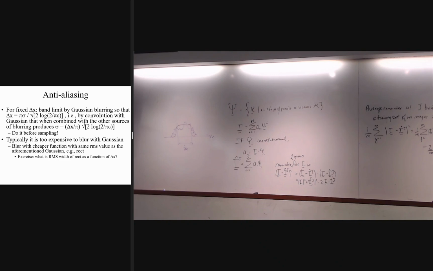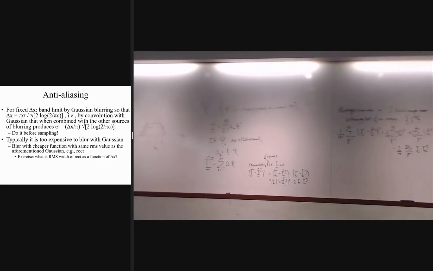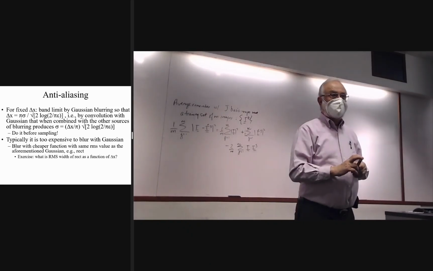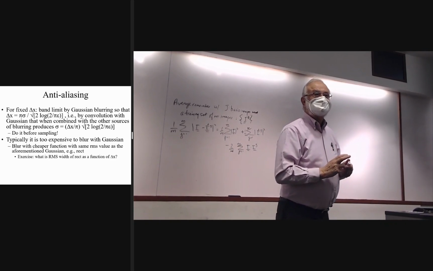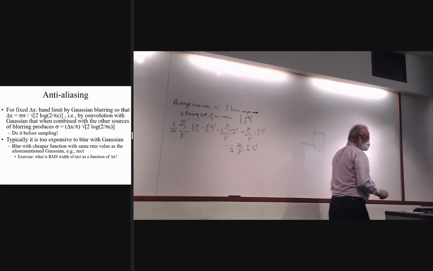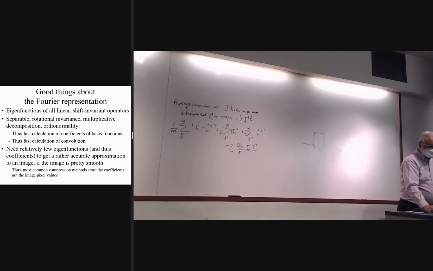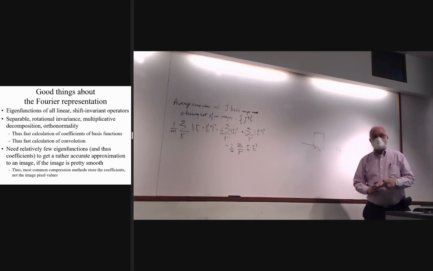I'm talking in 1D, so this is that function. I will expect you to submit that calculation to Sakai, and at the beginning of next class I'm going to ask you all what you got. Any questions about aliasing?